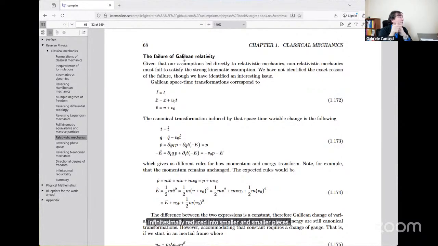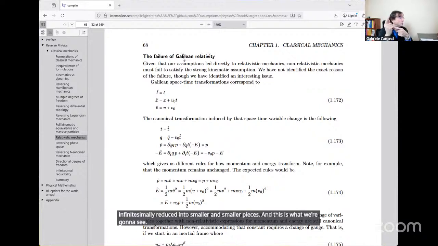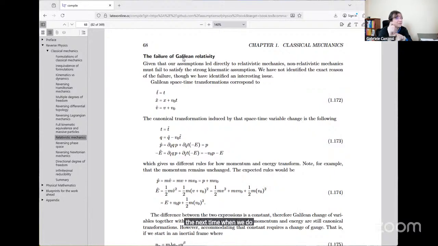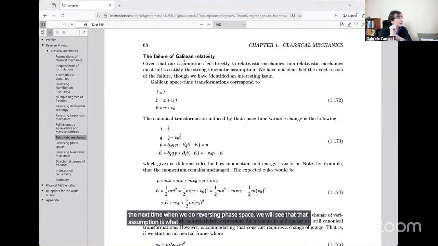This is what we will see next time when we do reversing phase space: that assumption is what's inside classical mechanics, that you can always take the state space description and refine it, making it smaller and smaller.